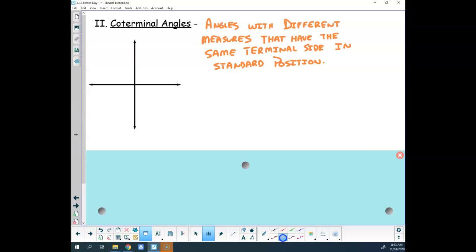So, for instance, if I have this angle there, let's call it 45 degrees. That's my angle. A coterminal angle would be 405 degrees.